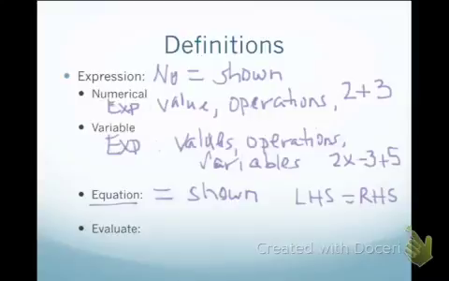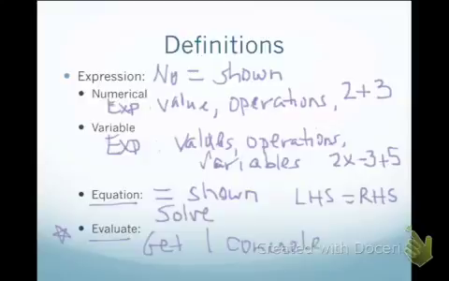And that equation tells us that we must solve for something, whereas an expression implies that you need to do as much as you possibly can. The last part is the word evaluate, which is the set of directions you're going to work under today. The word evaluate means get one concrete value. Whatever it may be, get one specific answer.